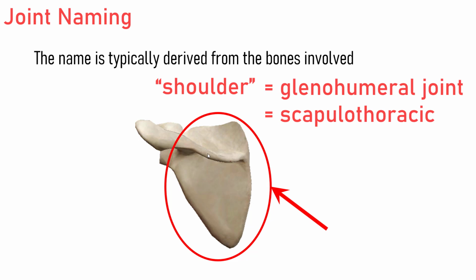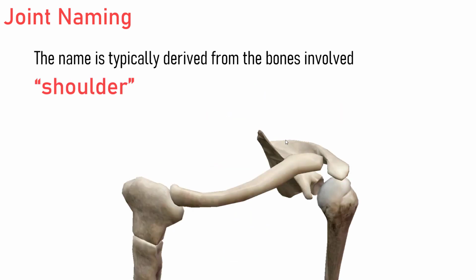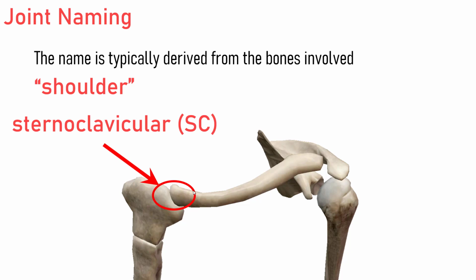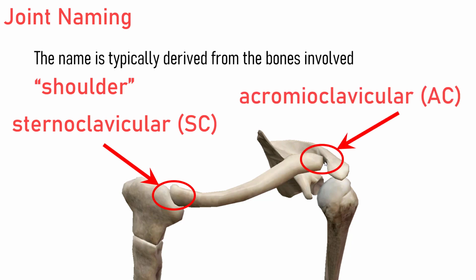But the scapulothoracic joint is not a true joint. It's a movement that we see, but the joint of the scapula connecting to the body is really through the clavicle. And so you have your sternoclavicular joint, so the sternum and the clavicle, and then you have your clavicular articulation with the scapula. This part of the scapula is the acromion process, so you have your acromioclavicular joint.